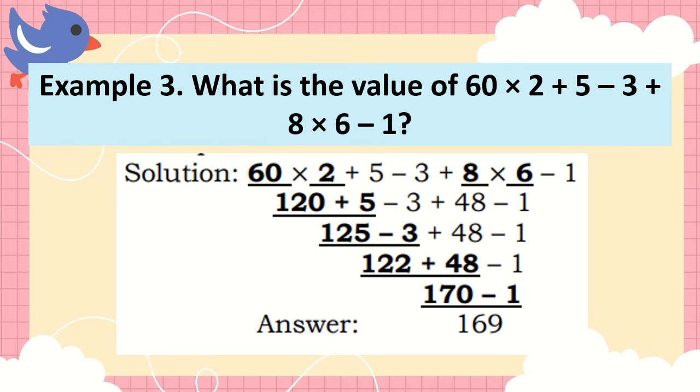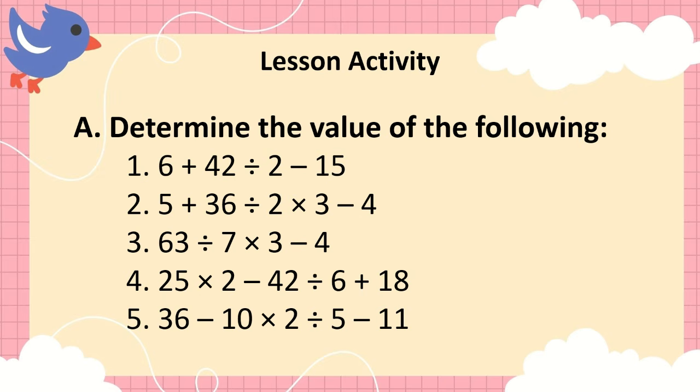So we are going to solve next the 120 plus 5, which is 125, minus 3 plus 48 minus 1. 125 minus 3 is 122 plus 48 minus 1. 122 plus 48 is 170 minus 1. So the correct answer is 169.